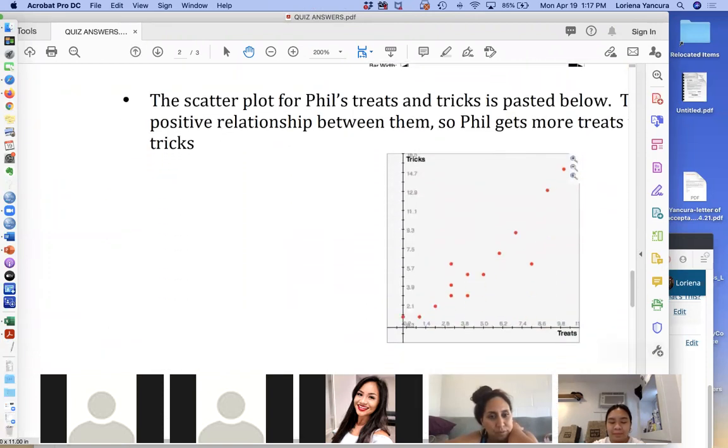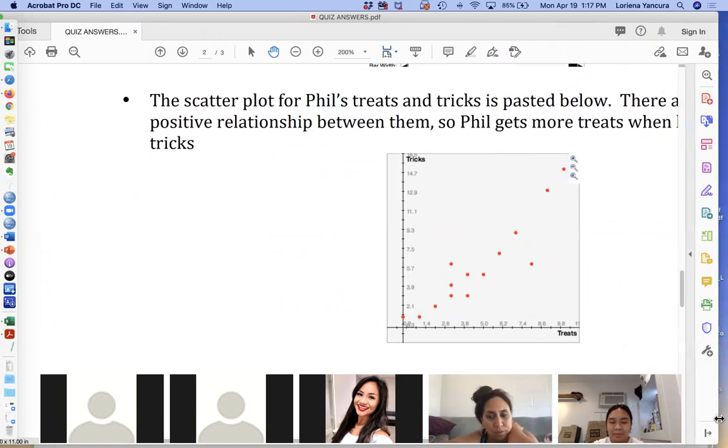We took those pairs, those coordinates, and we graphed them, number of tricks and number of treats. Here he does 1 trick, he gets no treats. Here he does 1 trick, he gets 1 treat. And then here was his best day. He did 15 tricks and got 10 treats.